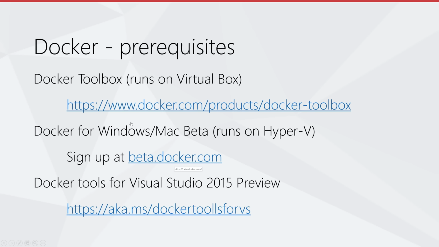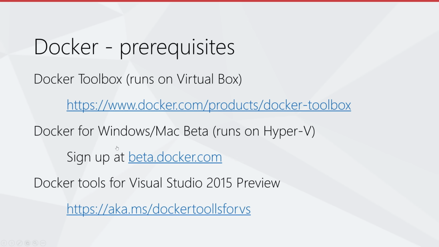And if you get lucky enough, they're going to let you in. It takes some time before they process your request. Then you install the tools. The experience is the same as with Docker Toolbox, but the only difference is it doesn't run on VirtualBox, it runs on Hyper-V.